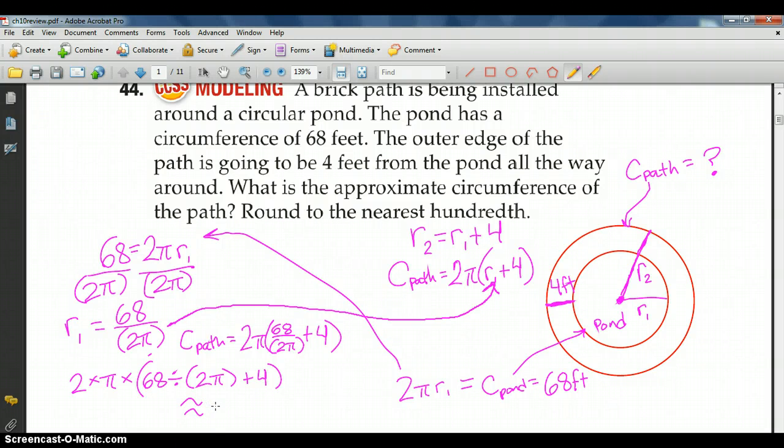And there you should get approximately 93.13 feet. And that's the circumference of the path.